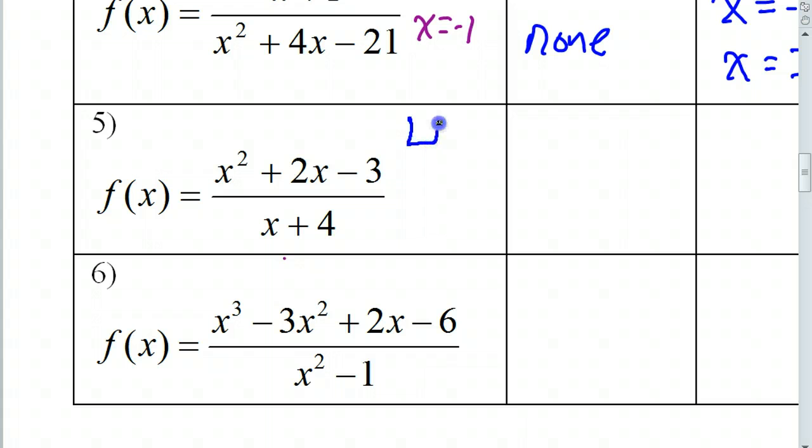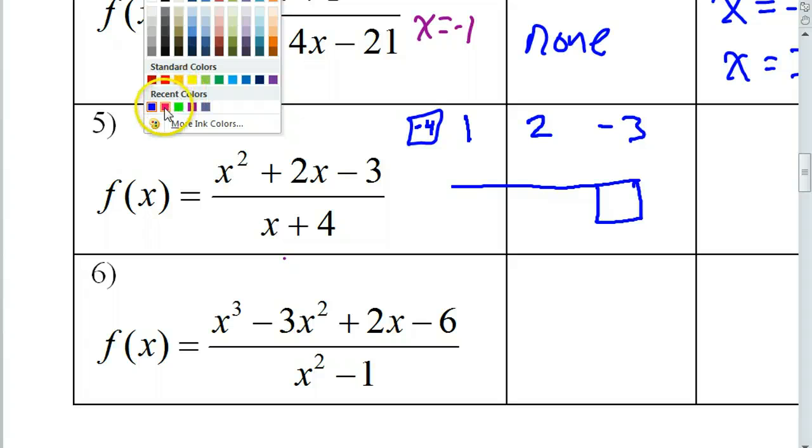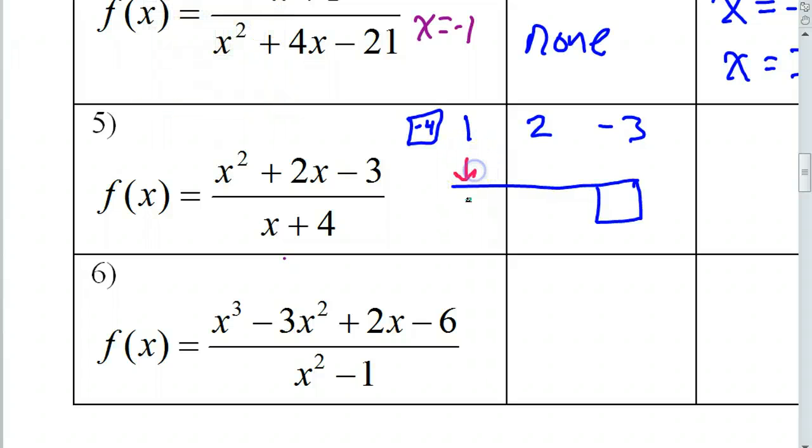So what goes in the little box? Negative 4 goes in the little box. And then the coefficients, 1, 2, negative 3. All right, so I bring this down. So I have 1, and that's negative 4, and that's negative 2, and that's 8, and that's 5.